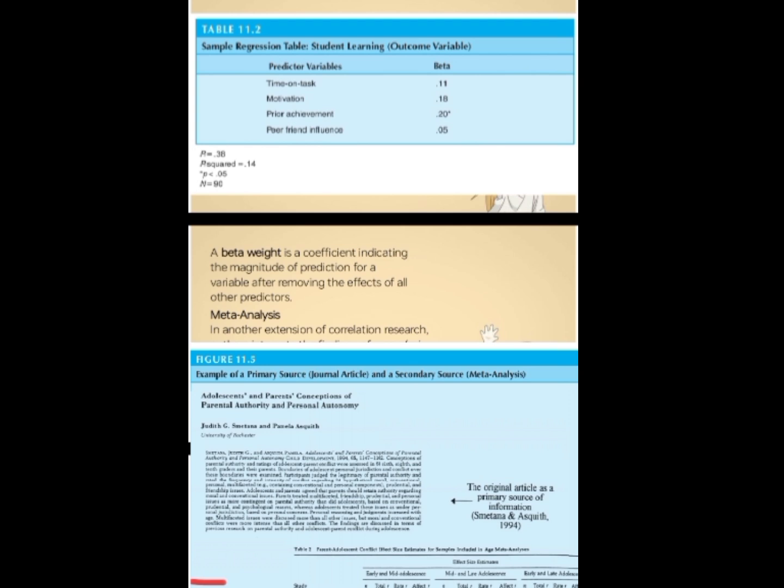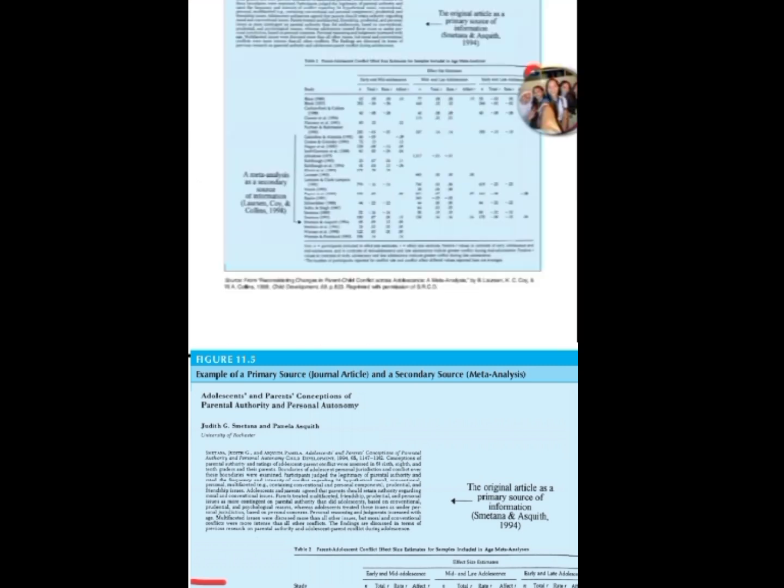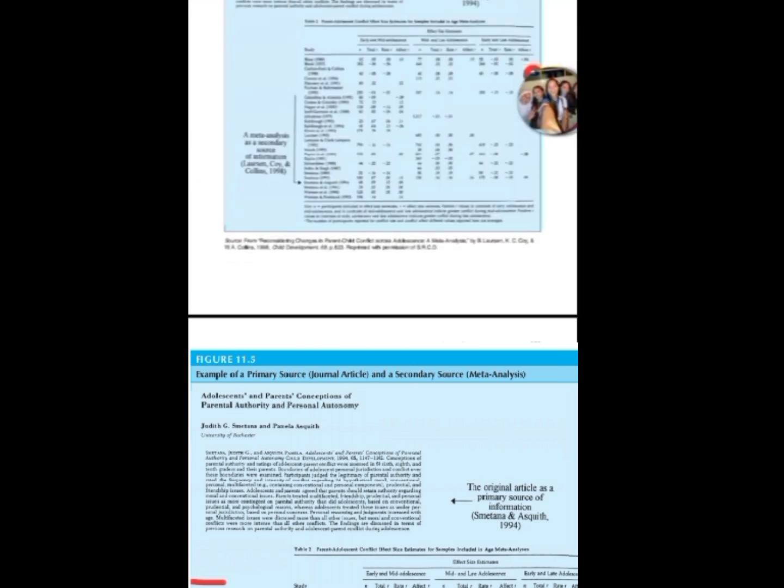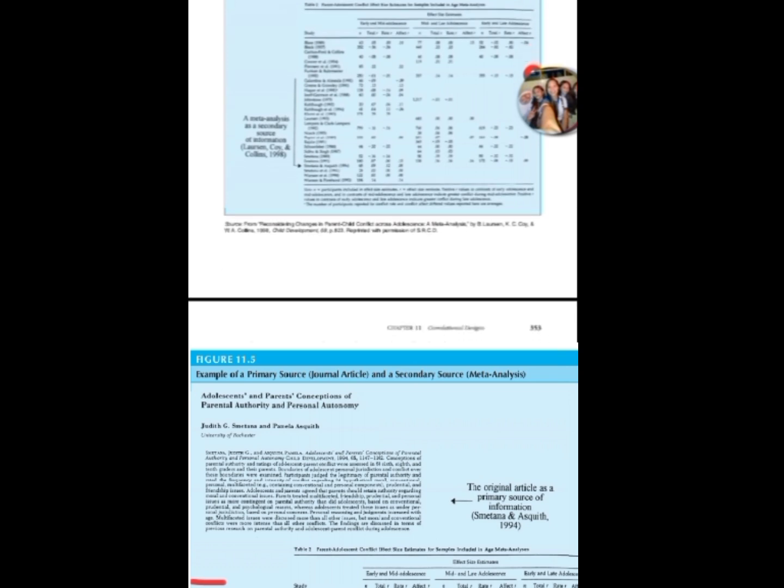In the bottom section of Figure 11.5, we see that the original research by Smetana and Asquith in 1994 is included as one of 27 studies reported in a secondary source, a meta-analysis published by Laursen, Coy, and Collins in 1998. The 27 studies shown in the table integrated research examining parent-child conflict changes during early, mid, and late adolescence.